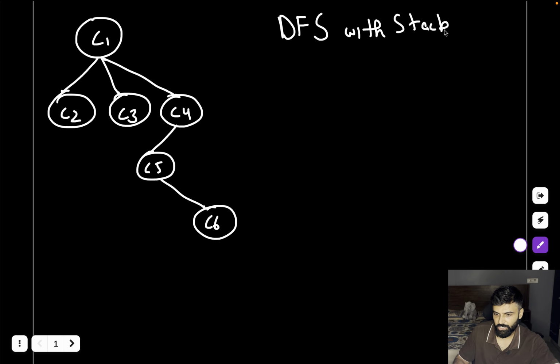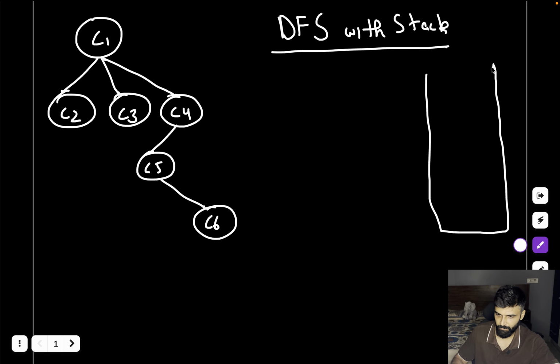A stack is a data structure with the LIFO property, last in first out. So I will create a stack. I will create a count variable which is 0, to count comments, and I will take the C1. Taking the C1 will bring me the complete tree.